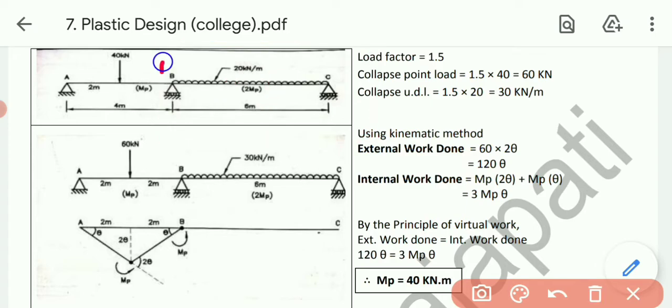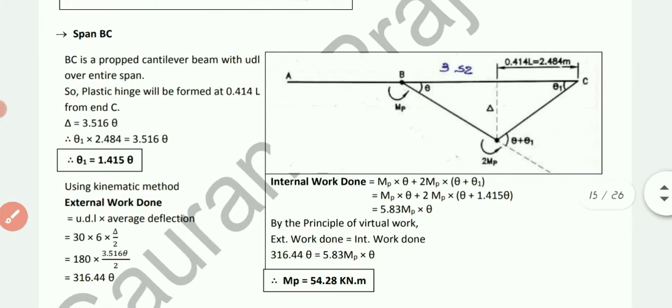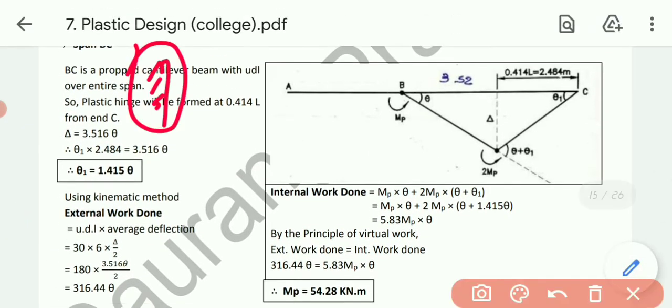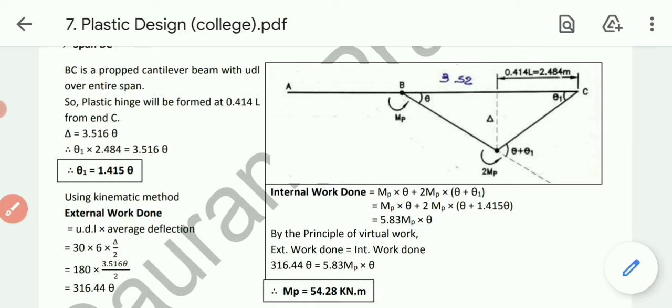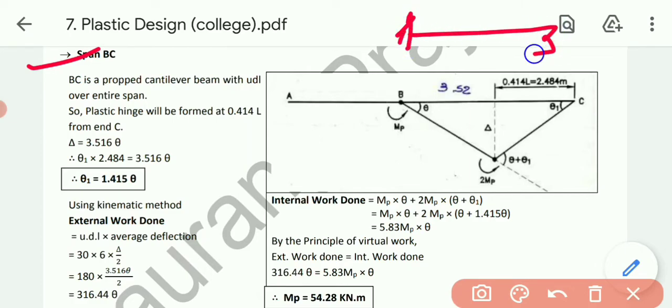Now support B, as an intermediate support, will act as a fixed support. Now span BC. As we have seen, B is an intermediate support and C is a roller or simple support.